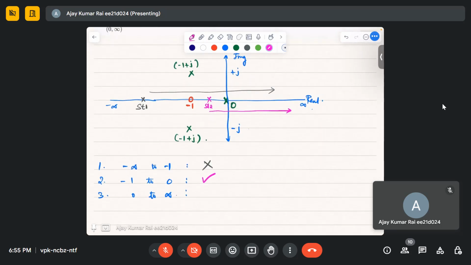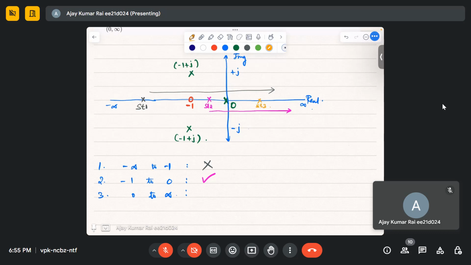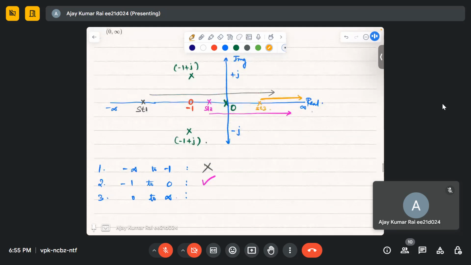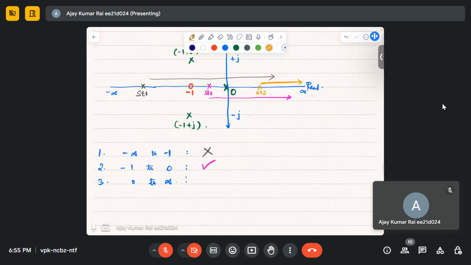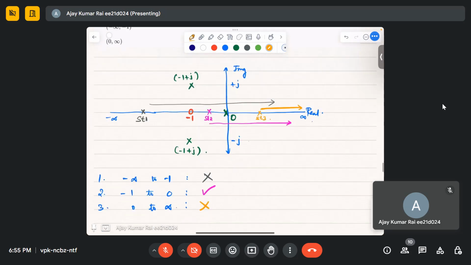If you take the other point here, st3, and look to the right, how many open loop poles and zeros exist? Zero, which is not odd. So the root locus does not exist here. What we can say is that the root locus exists between -1 and 0.